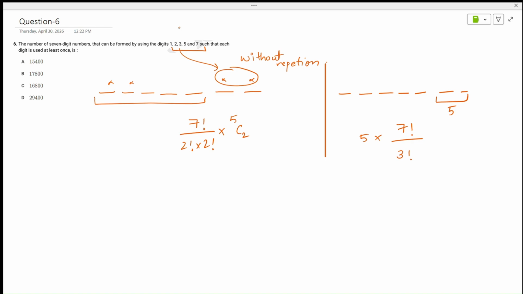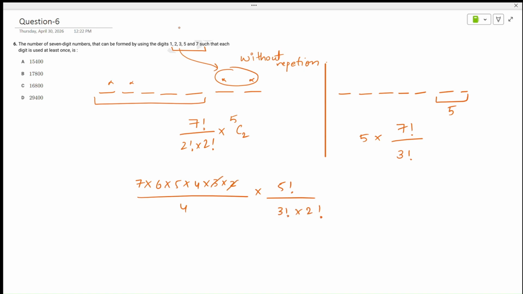What is 7 factorial by 2 factorial into 2 factorial? So 7 into 6 into 5 into 4 into 3 into 2, 5, 4 into 5 factorial by 3 factorial into 2 factorial.